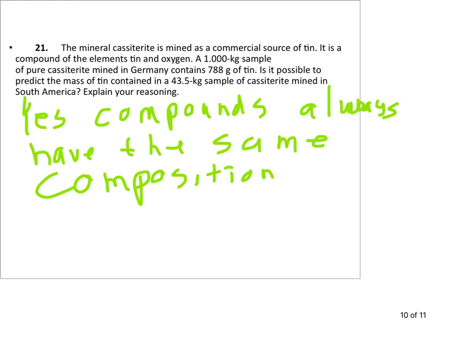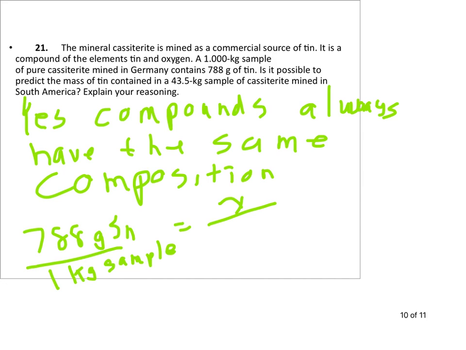They didn't ask us to, but I'm going to go ahead and look at how we could figure it out. So if we have 788 grams of tin in a 1 kilogram sample, you want to know how many grams of tin are in a 43.5 kilogram sample. And then we just do a little calculation there. We have a 1 there, so that makes it easy. We're just going to multiply those two and divide by 1.